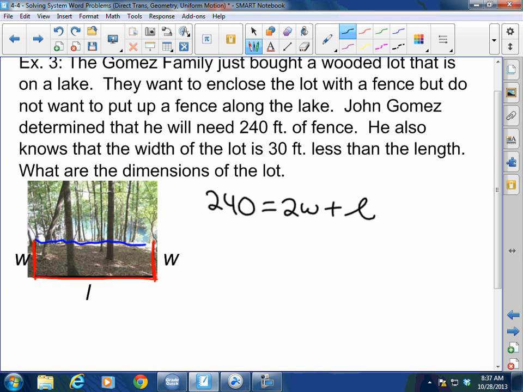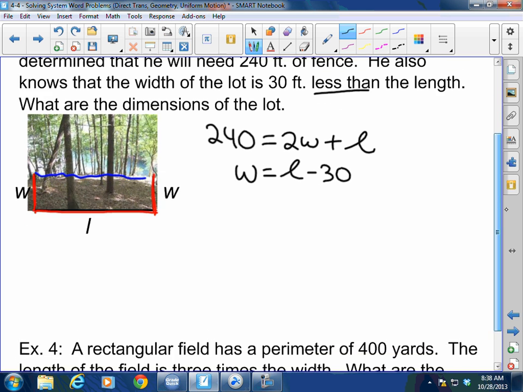But he also knows that the width of the lot is 30 feet less than the length. So the width of the lot, which is W, is 30 feet less than the length. Less than, so that means switch, so that's L minus 30. Does that make sense to everybody? Okay. Now at this point, it's Mickey Mouse time.